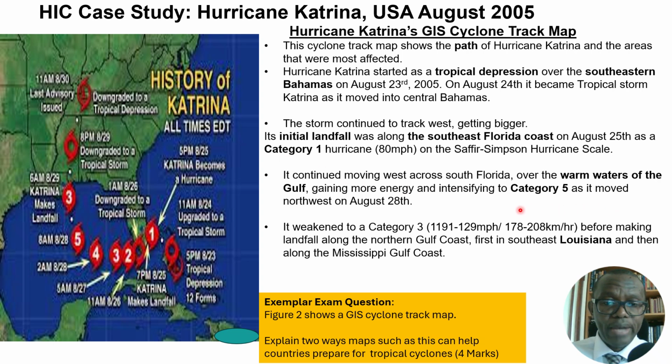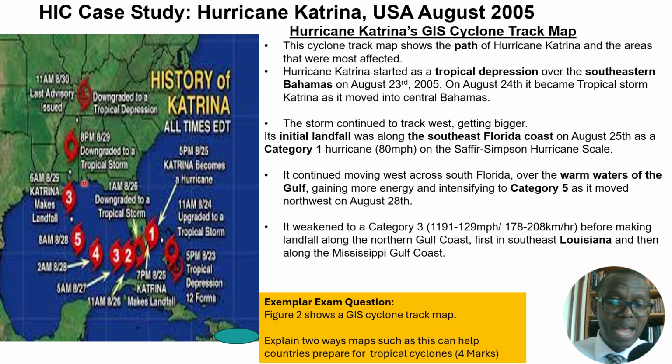Okay, so it weakened to a Category 3, and a Category 3 has wind speeds between 111 and 129 miles an hour, which is equivalent to 178 to 208 kilometers an hour. So that is still a significant speed. Those are significantly high wind speeds, and that was before it made landfall, and that's in this area here.